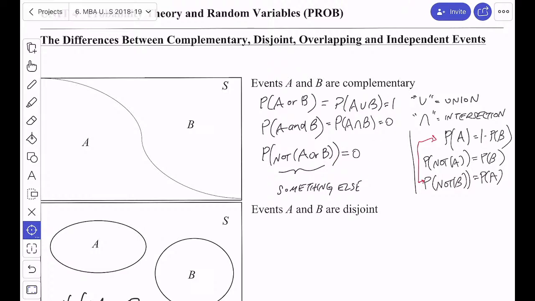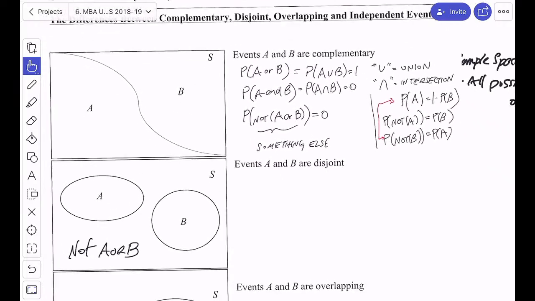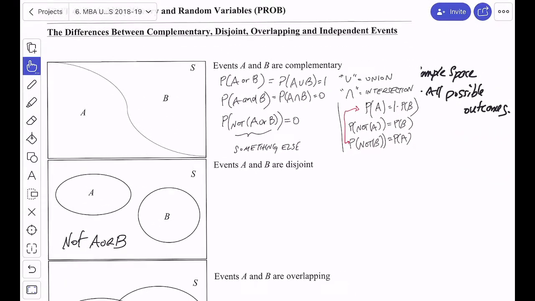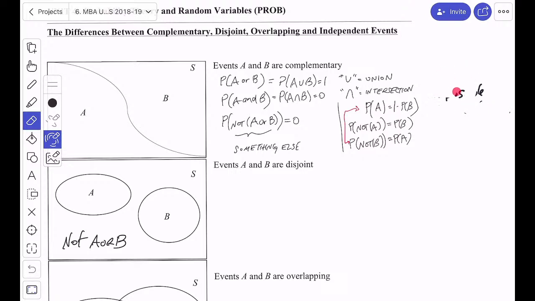Complementary events fill the space. They are mutually exclusive. They never intersect, and there's nothing else possible in the sample space of all possible outcomes.